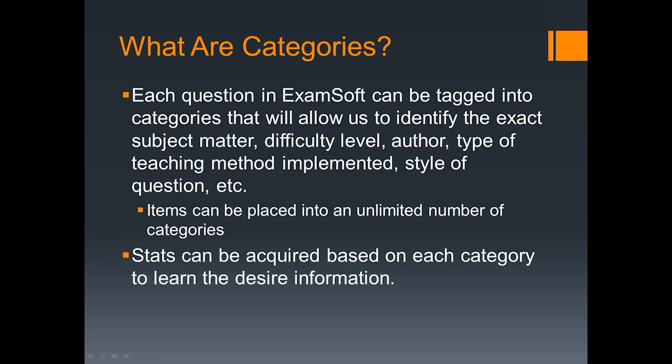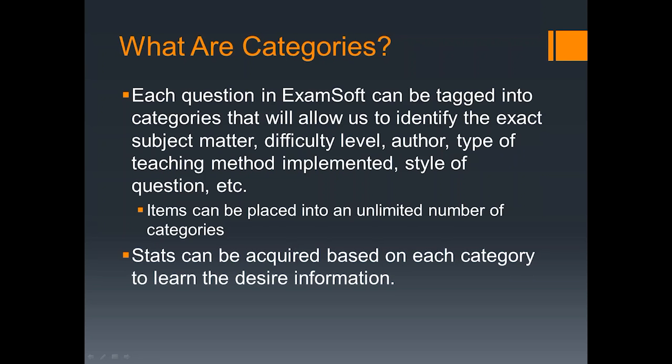And categories allow us to tag each question with any category that we choose. So I have a list up there: subject matter, difficulty level, author, and the list goes on. And you can place items in an unlimited number of categories, and you can make the categories whatever is most appropriate for your curriculum, your university, and your students.